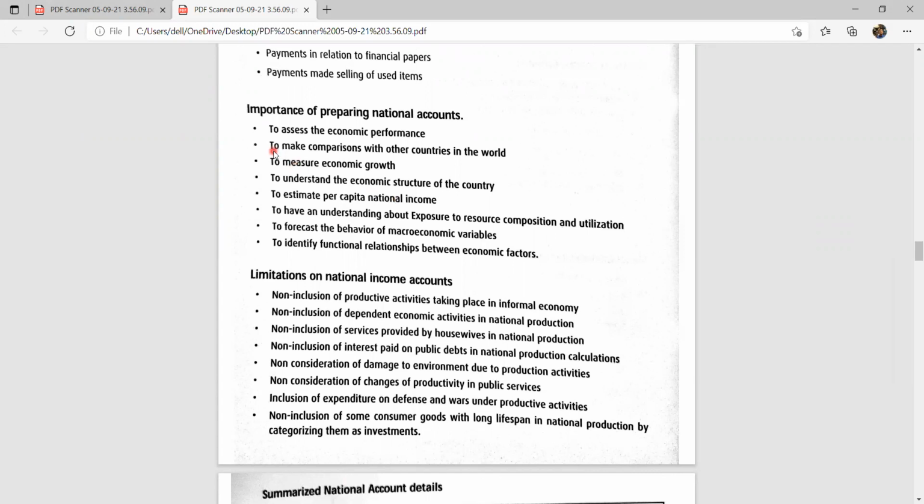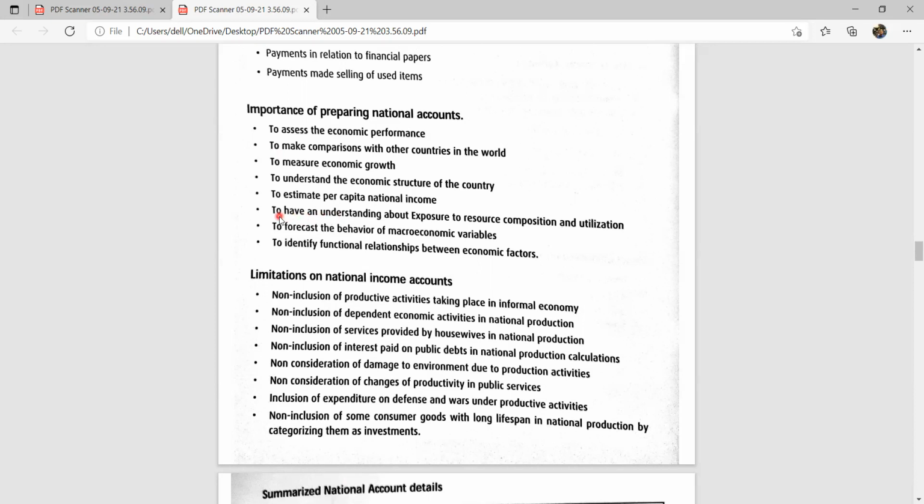Here I added: to assess economic performance, to make comparison with other countries in the world, to measure economic growth, to understand economic structure of the country, to estimate per capita income, meaning income per head. Nowadays, income per head is really low. Sri Lanka is one of the very poor countries in the world because of its per capita income.